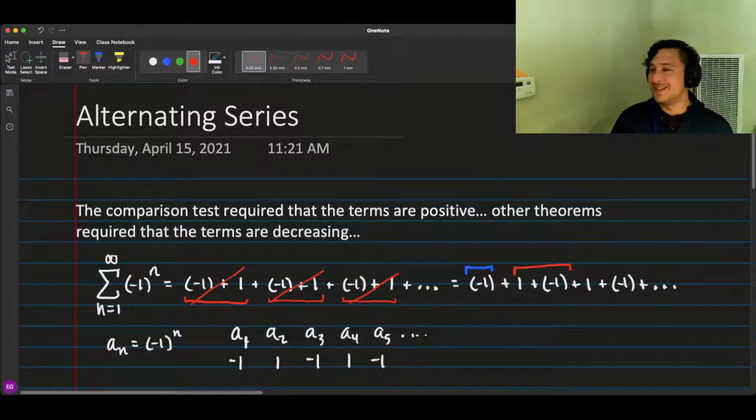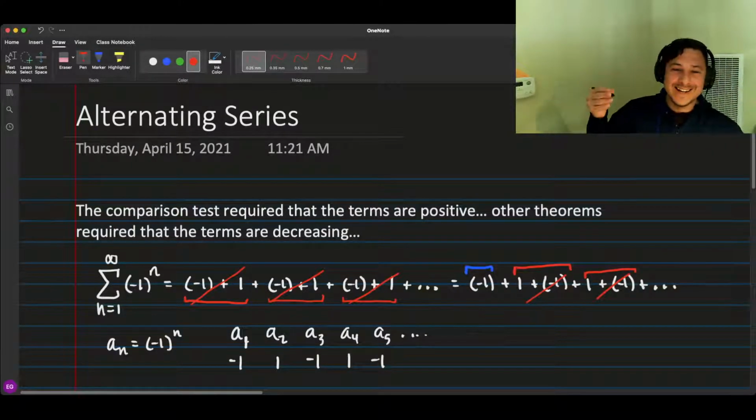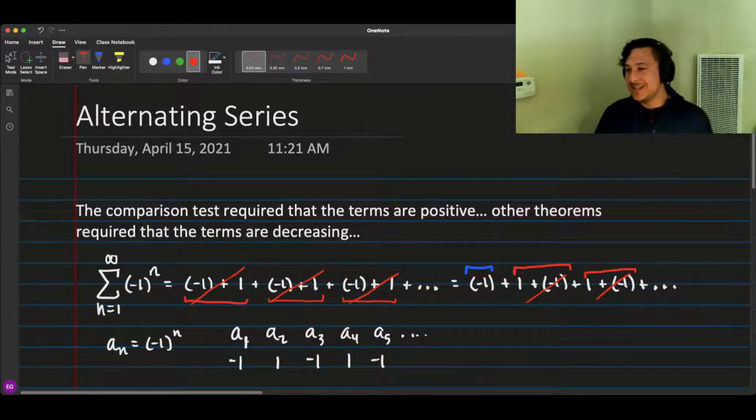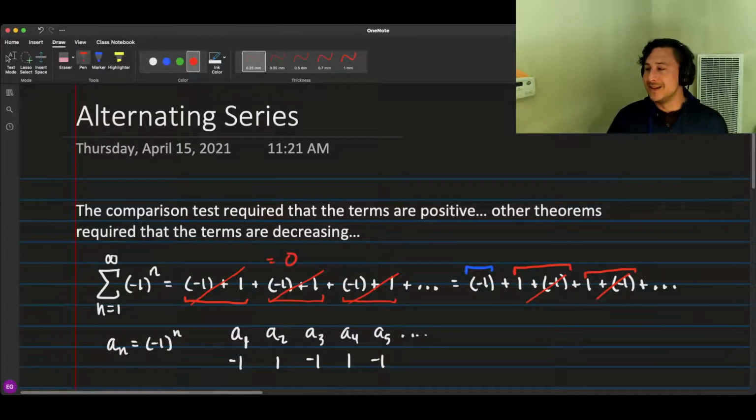And what will happen with these two? They will cancel, and everything else afterwards will cancel. And what will I be left with? See? This one you're like, equals 0. This one you're like, equal to -1.